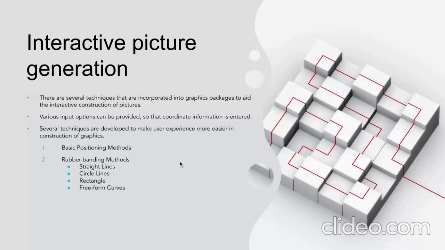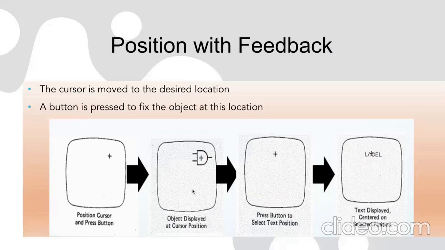One is the basic one, and we also have rubber band methods, which include straight lines, circle lines, rectangle, and freeform curves.